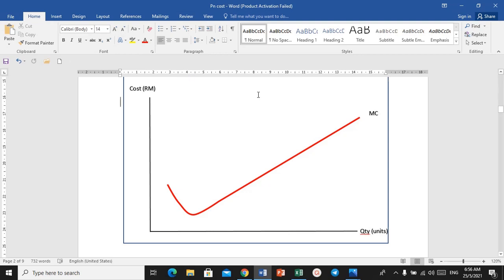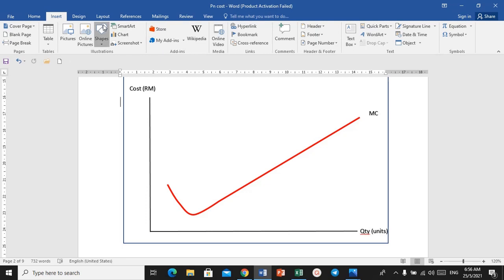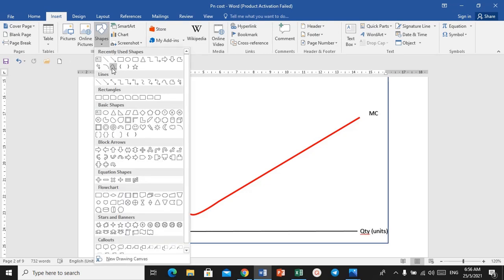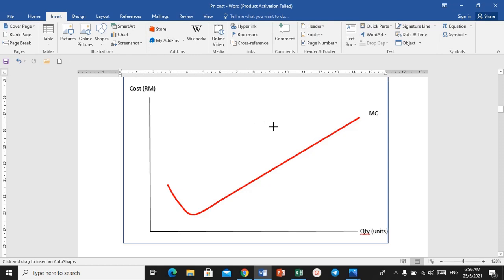Now, let's proceed to the next curve, which is the average cost curve. So we start from here, go down until you touch the MC curve.